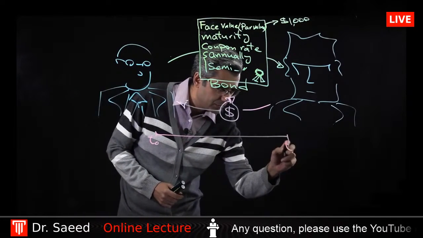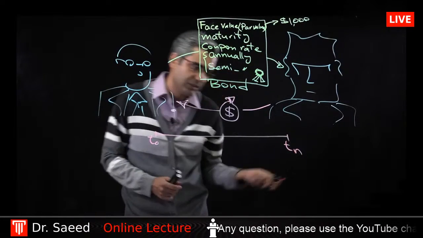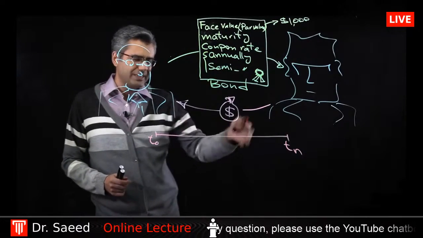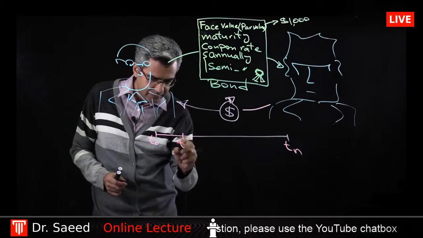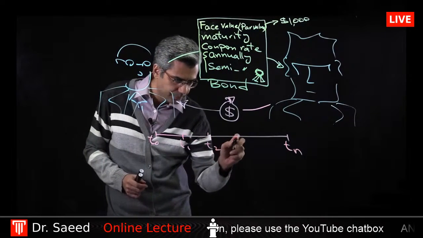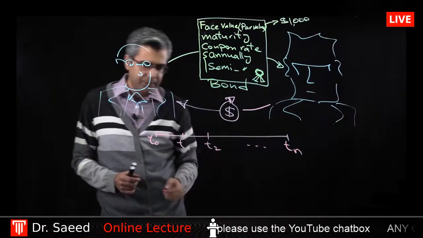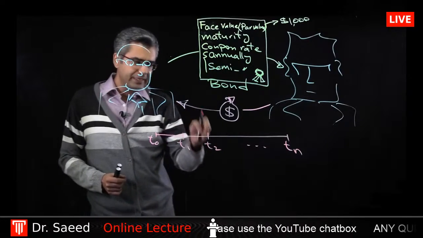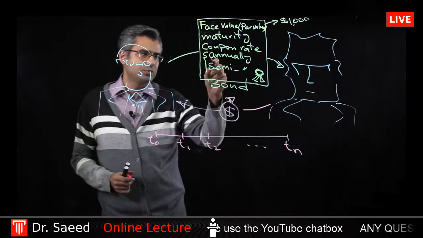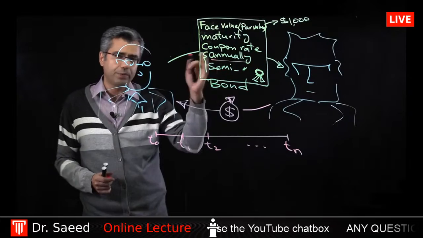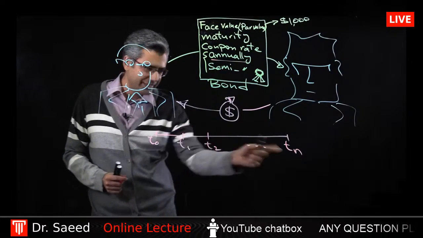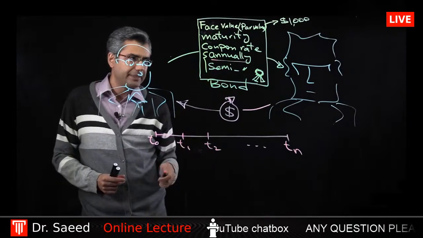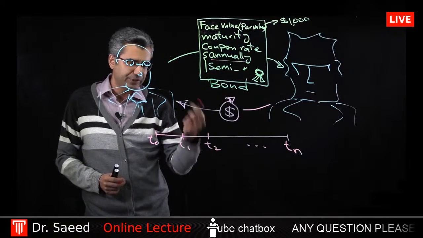This is the maturity, let's say N. So suppose it's an N-year bond, 5-year or 10-year bond. And then we have T1, T2, and it goes to Tn. Let's say it's annual, so the coupons are paid per year.